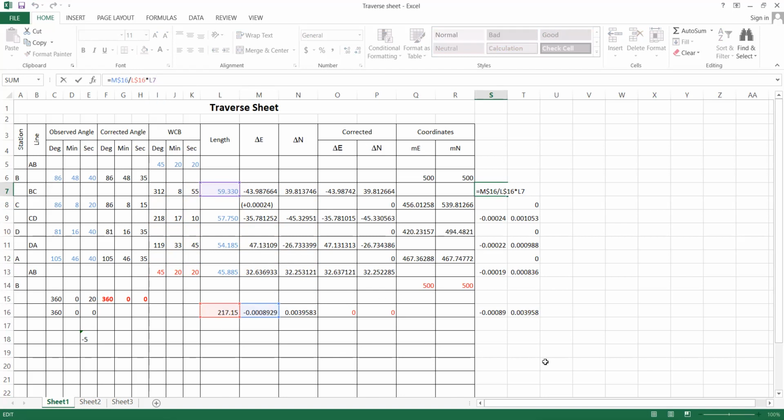Then I have these numbers, 0.24. The negative of these are the corrections. So you can use it up to 1 decimal.